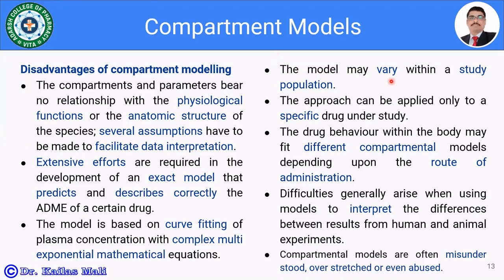The model may vary within a study population, and the approach can be applied only to the specific drug under study. The drug behavior within the body may fit different compartment models depending upon the route of administration. So here the route of administration is one of the parameters which is going to affect the compartment model approach.